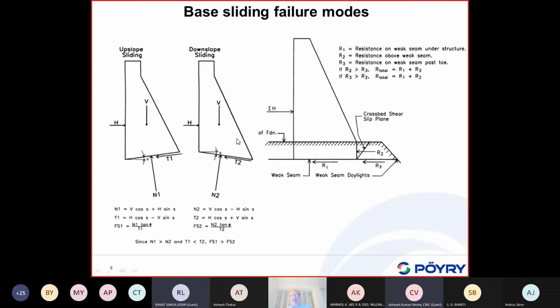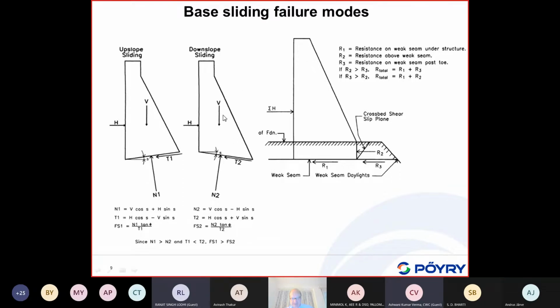It is unfavorable, and of course, the failure must not always be along the dam foundation interface. It could also be along weak layers. If you have some thin clay layers, they would be critical for sliding movements in the foundation.